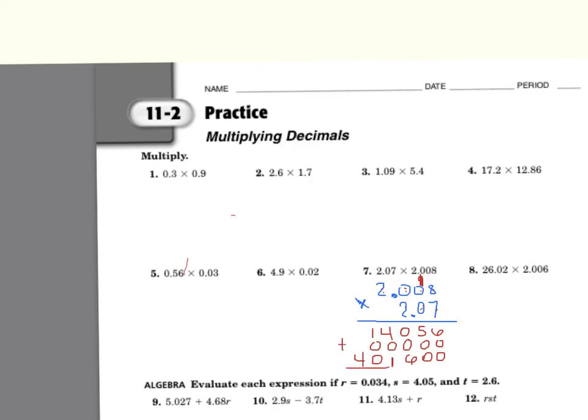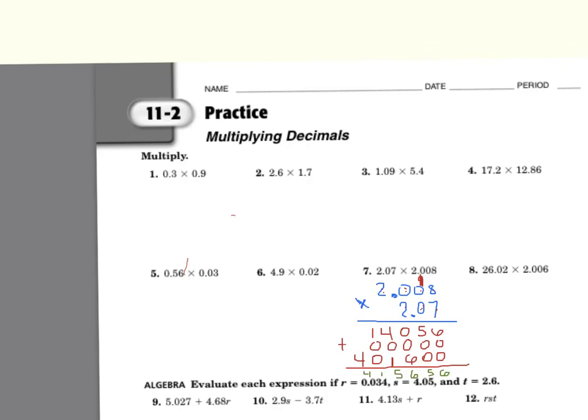Okay, let's add those together. I've seen a lot of mistakes on addition, so make sure that you get it correct when you add them together. Okay, so there's all my digits. Now let's count how many decimal places we have.